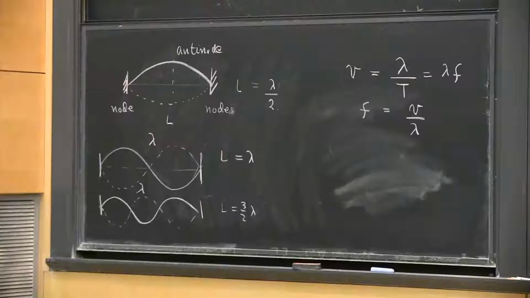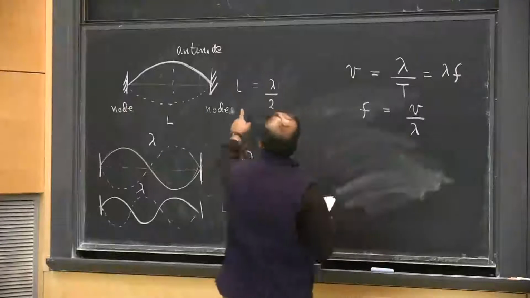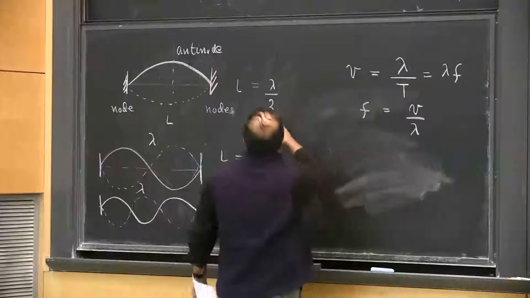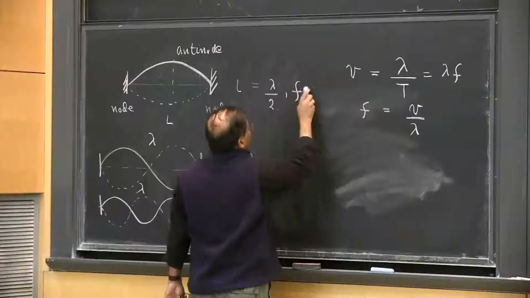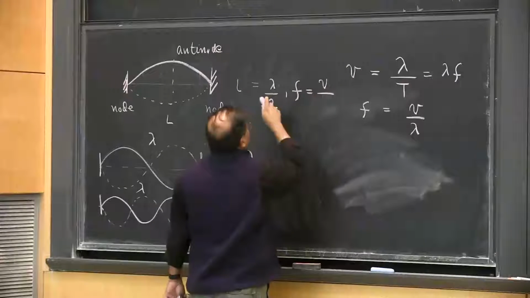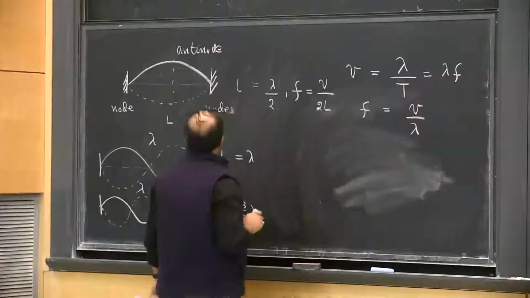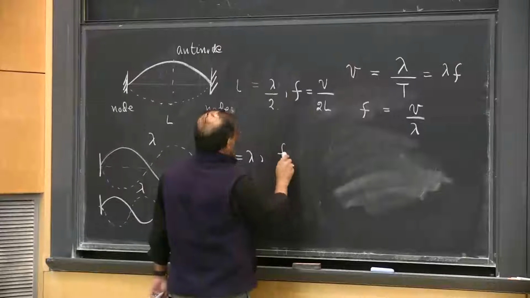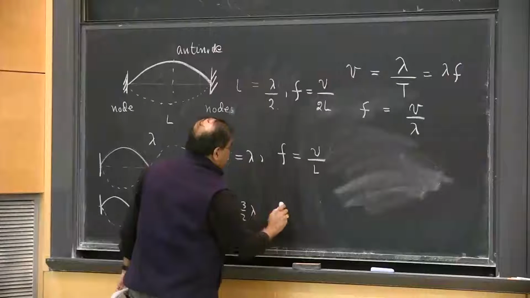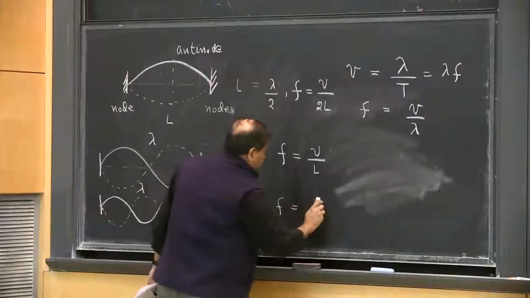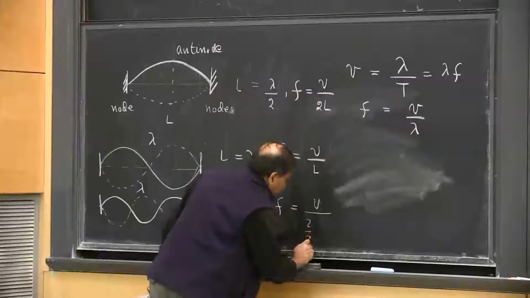That's a very important relationship because frequency is v over lambda, and I know the relationship between lambda and L, so I can compute the frequencies. In other words, in this case, the frequency would be f equal to v over 2L, because lambda over 2 is L. In this case, the frequency would be v over L. In this case, the frequency would be v over lambda, so that will be v over 2/3 L. And so on.